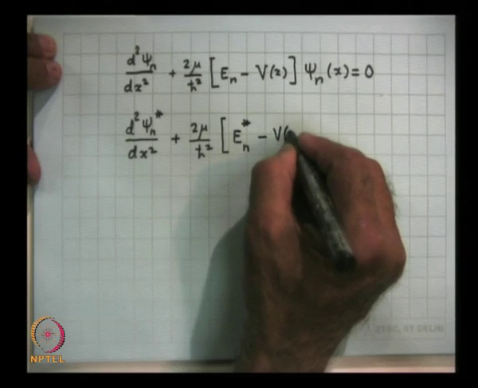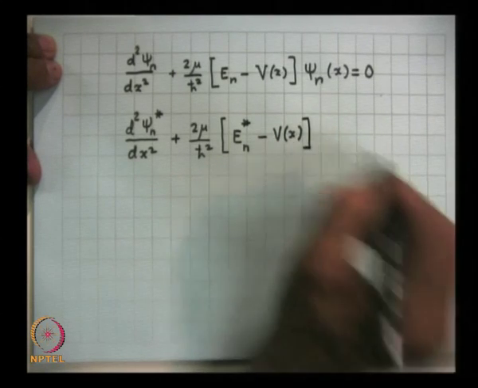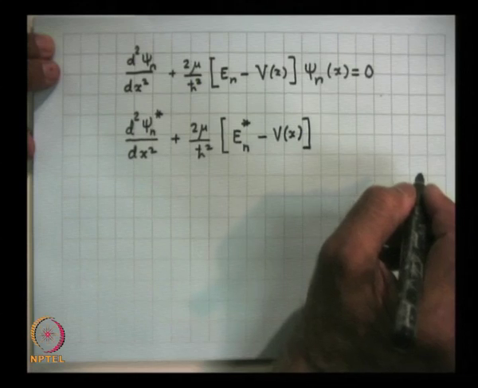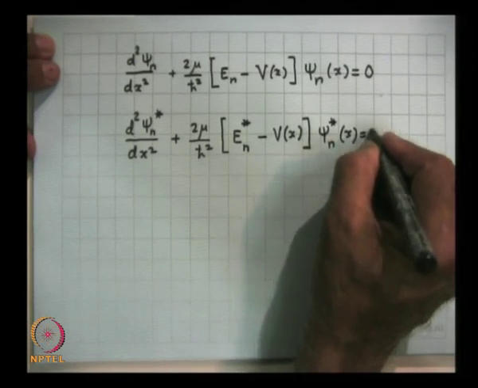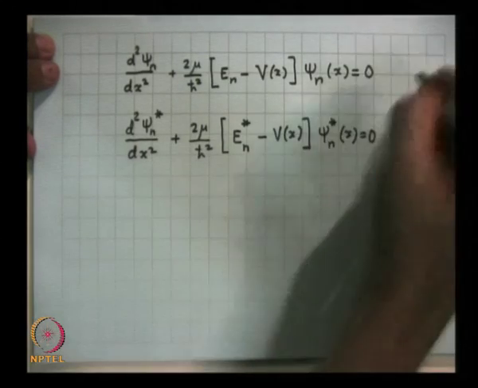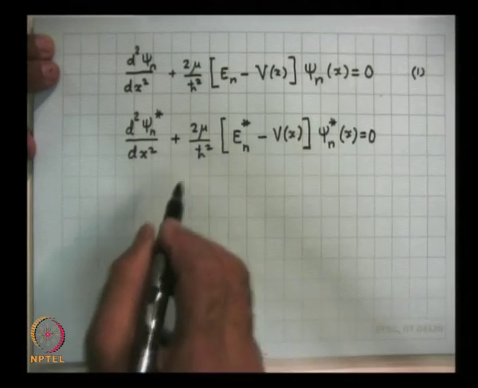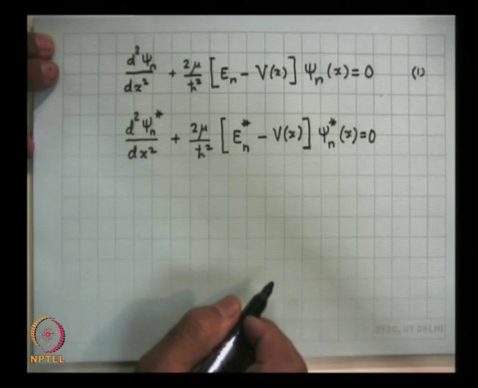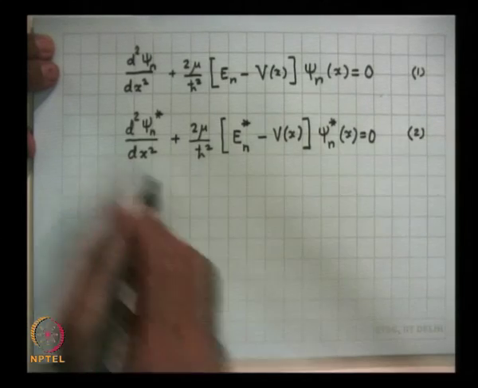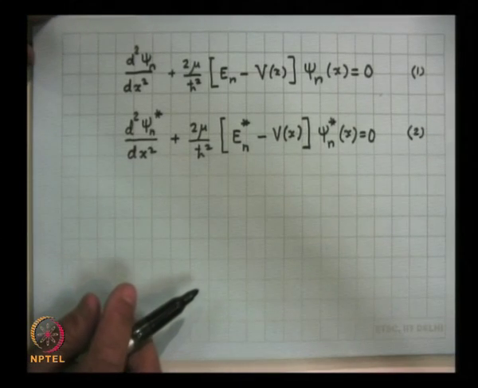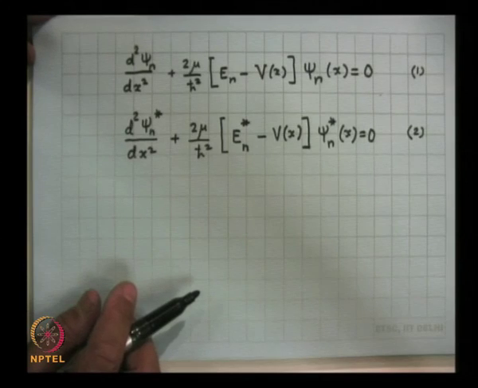So, the complex conjugate of that is the same, V star of x is equal to V of x, multiplied by psi n star of x. So, equation number 1 is the Schrodinger equation corresponding to the nth eigenstate. Equation number 2 is the complex conjugate of equation 1, where we have assumed that the potential energy function is a real function.